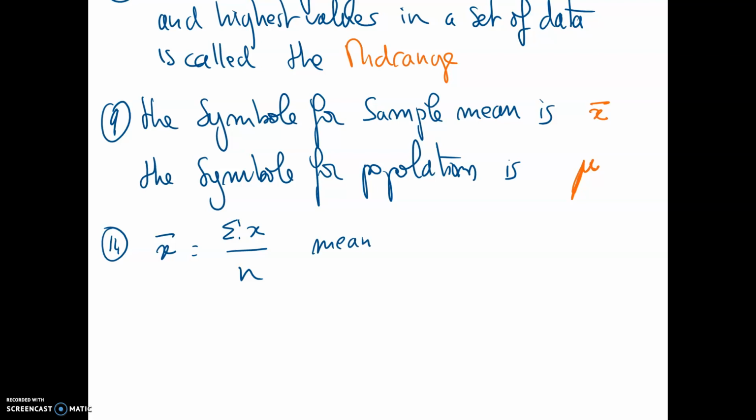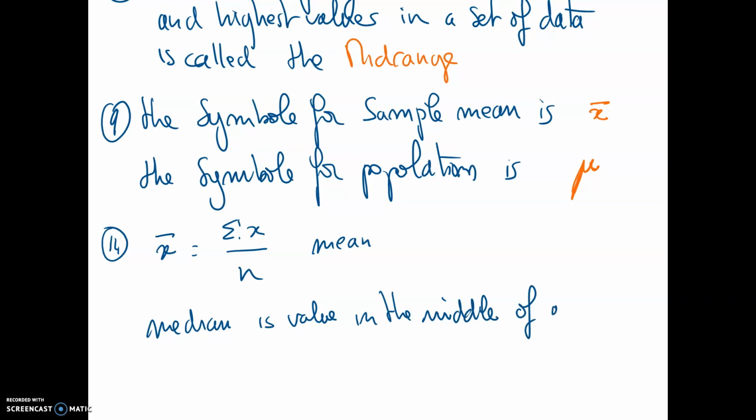Now the median is the value in the middle of a set of ranked data. So it is the value in the middle. Let me rewrite that properly: in the middle of a set of ranked data. All right. What is the mode?